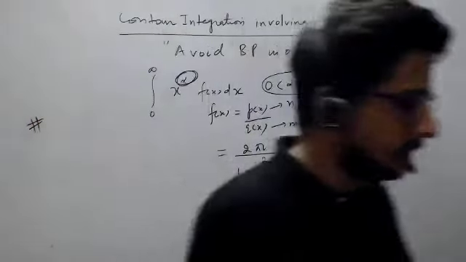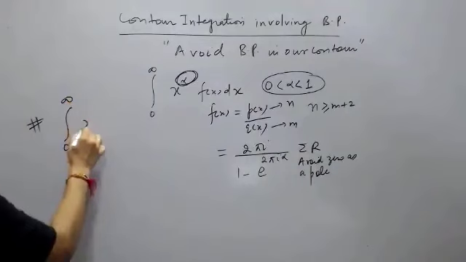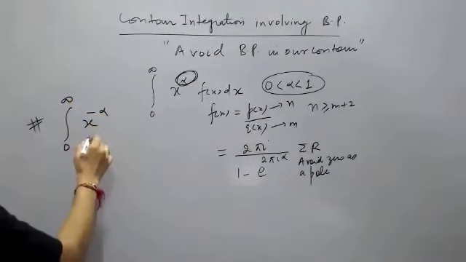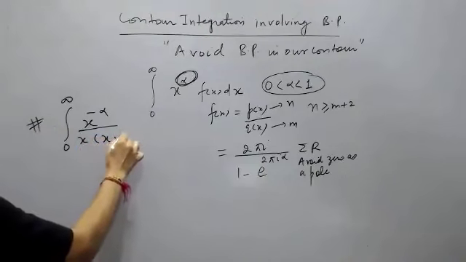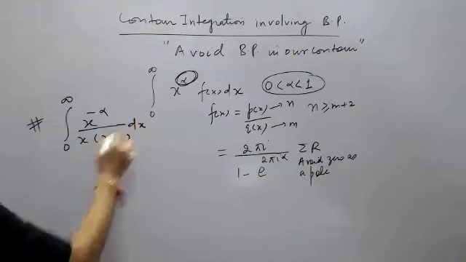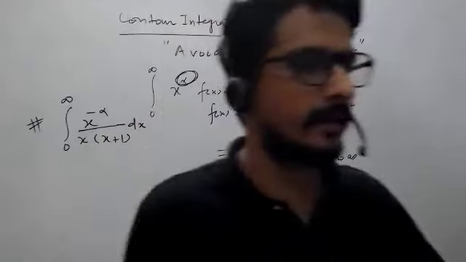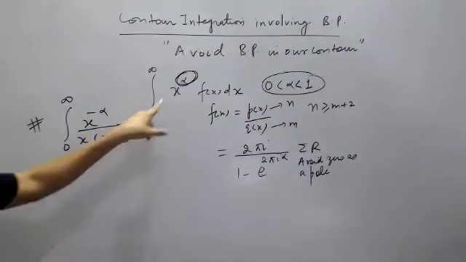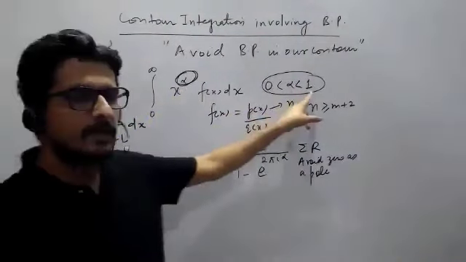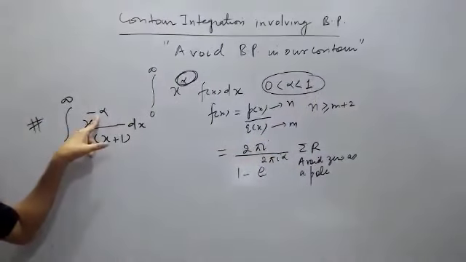Okay, so this may look tough to you, but it is not that tough, because I will explain it using a problem. So let me use a problem to explain this. Integral from 0 to infinity of x to the power minus alpha over (x plus 1) dx. Let us solve this problem. Here alpha is between 0 and 1, but here you see the power is minus alpha.